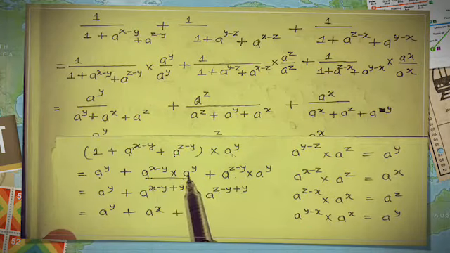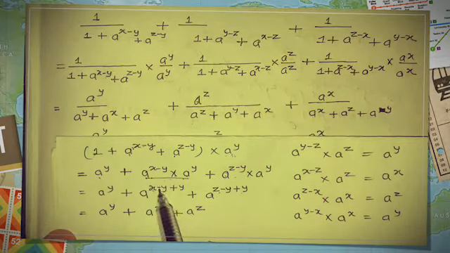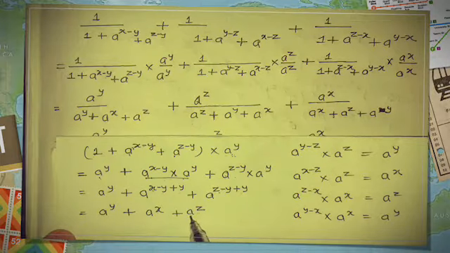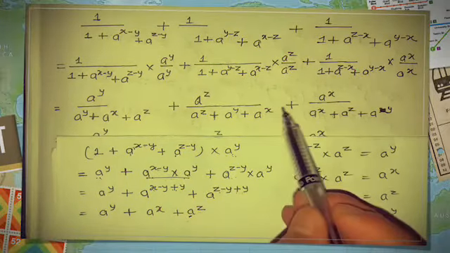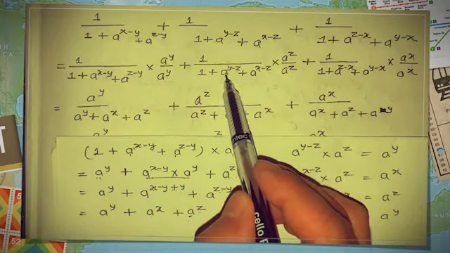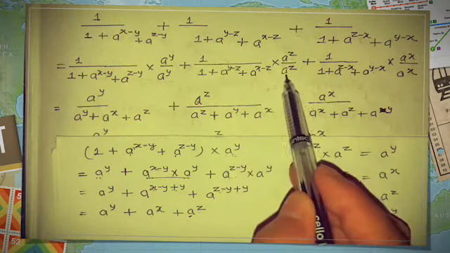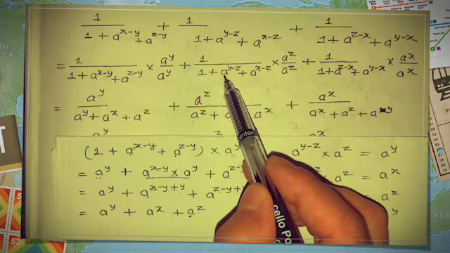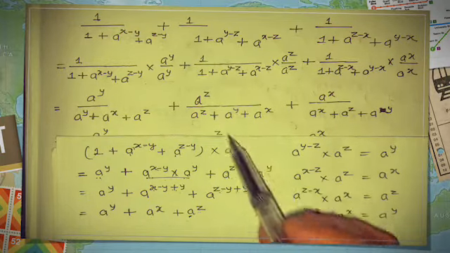So while multiplying, minus y plus y will be cancelled, so a^x. Minus y plus y will be cancelled, so a^z. So here also, if we multiply a^(y minus z) by a^z, then z will be cancelled, so a^y will be left.